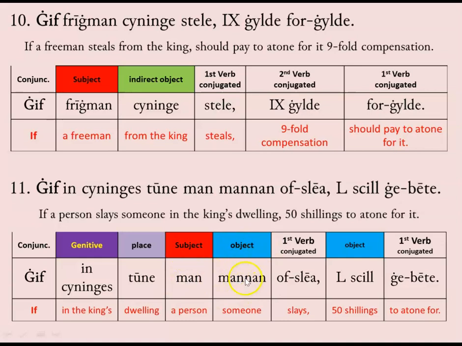And the object is the person upon whom the crime is committed, someone who's slain. The verb is slay. Notice the verb at the very end, as you would with a subordinate clause, comma, and then the outcome of that. This is parataxis at work. No direct grammatical subject is expressed here, but just an outcome explaining what's happened due to the previous clause.